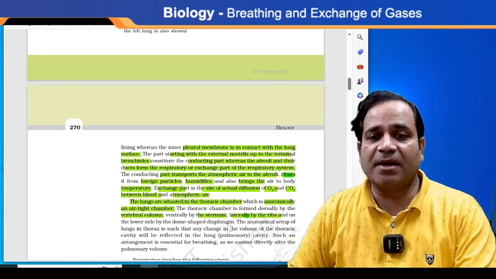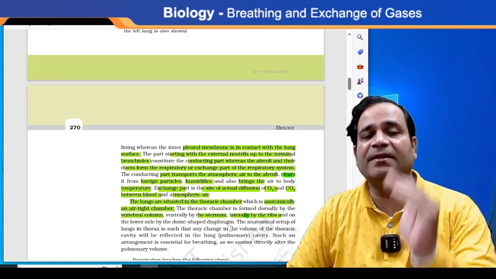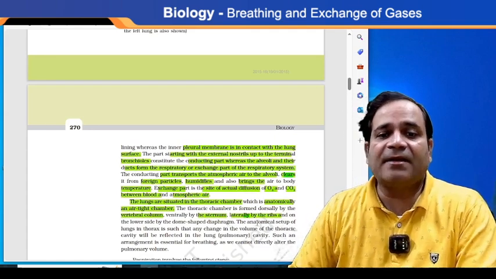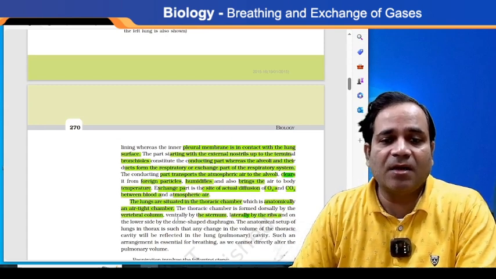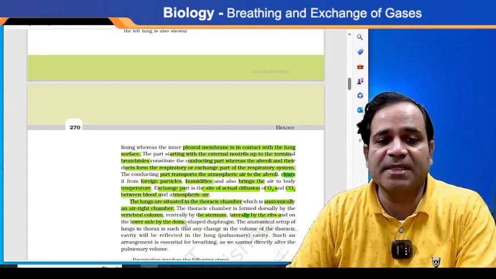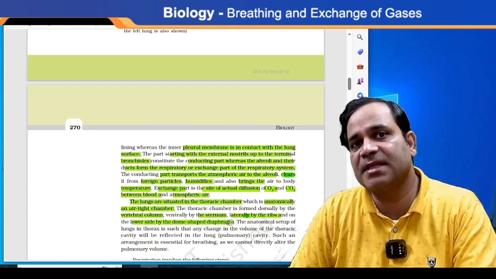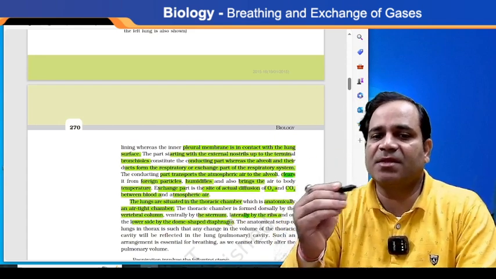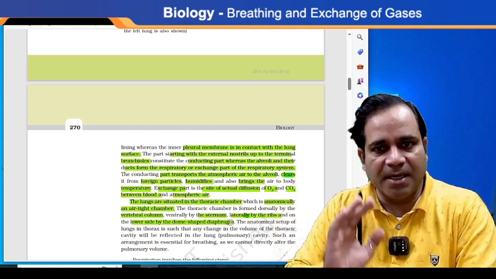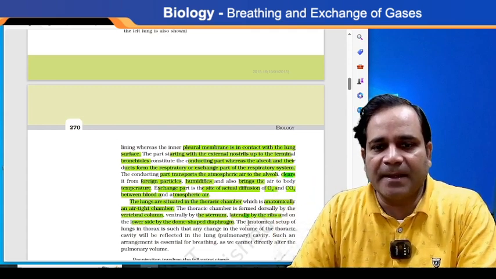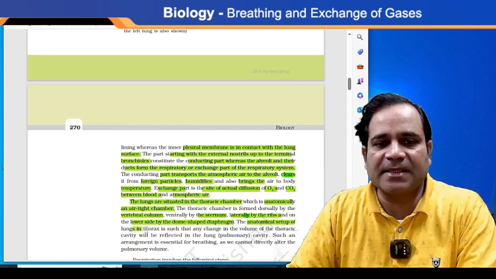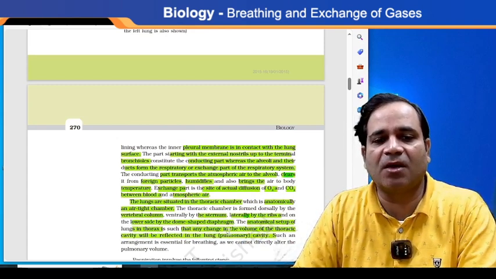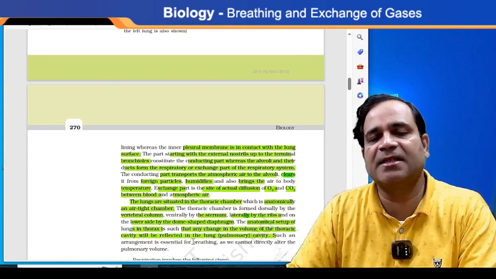So the thoracic chamber is formed dorsally by the vertebral column, ventrally by the sternum, and laterally by the ribs, and on the lower side by the dome-shaped diaphragm. The diaphragm is responsible for dividing the body. The anatomical setup of the lungs in the thorax is such that any change in the volume of the thoracic cavity will be reflected in the pulmonary cavity.